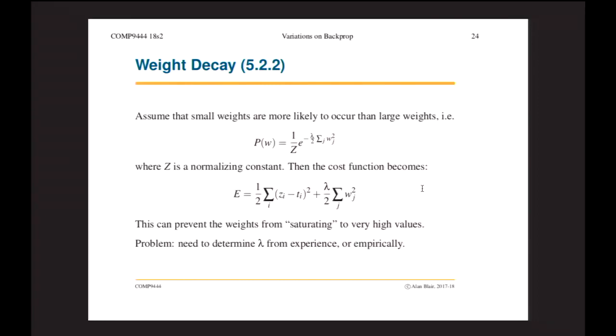A typical choice for lambda is about 0.00001, 10 to the minus 5. The idea is that if lambda is sufficiently small, you're putting more emphasis on the actual cost function and just a small component on the weights.